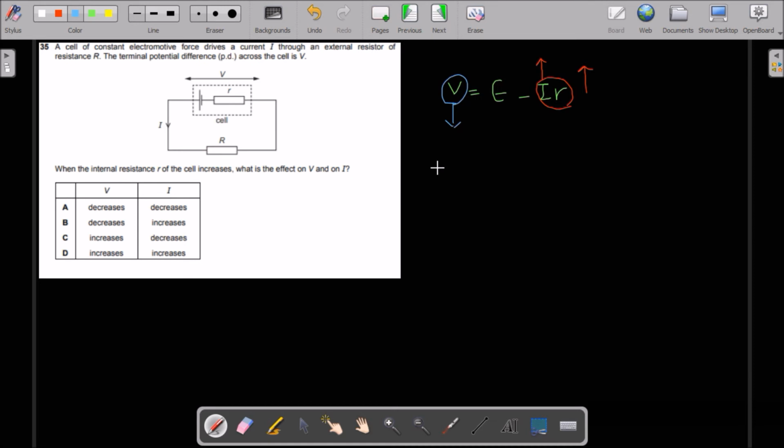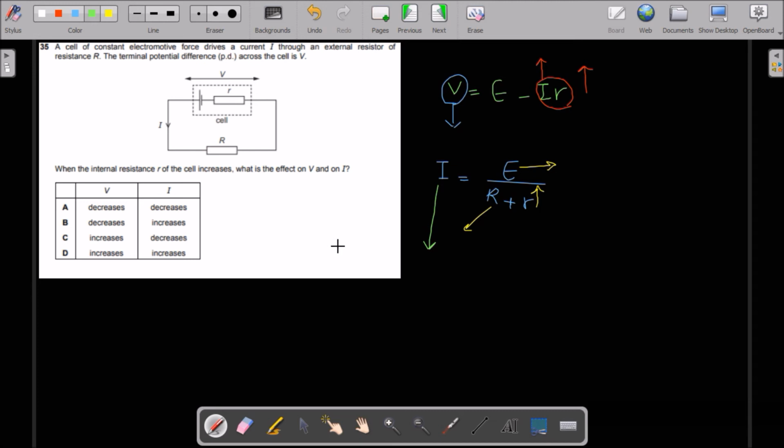Now we should think about current. You know that current is E divided by R plus r. R is external resistance, r is internal resistance, and E is electromotive force. In this question, R is constant, E is constant. So these two are constant. If you increase r, internal resistance, then current will decrease.